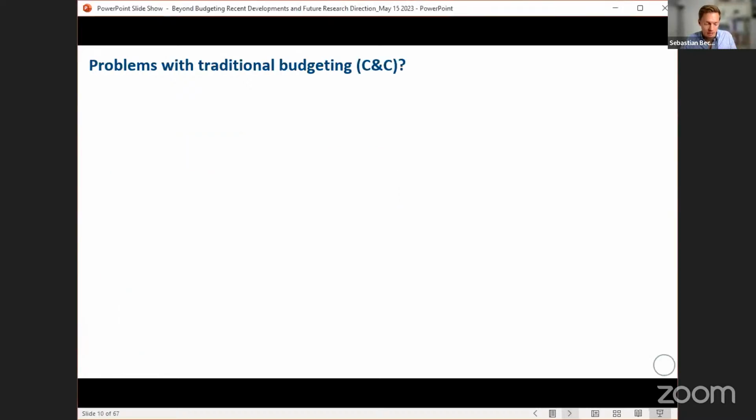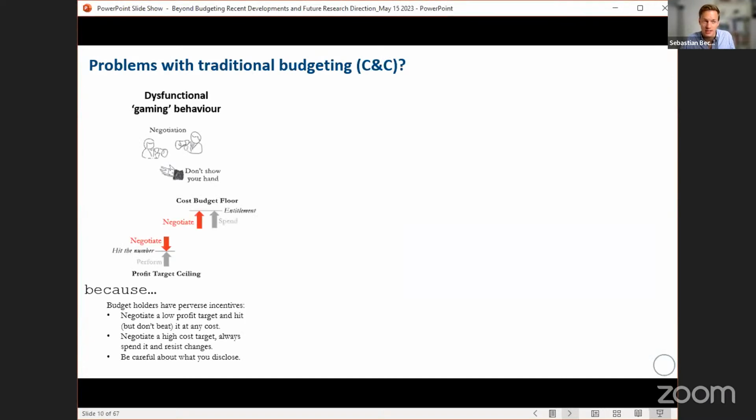Now, I already mentioned a few of the problems of traditional budgeting, and maybe just to show that again. So what's the problem? I've already mentioned this. One is that we have a lot of gaming behavior, right? So let's say your boss says, okay, now it's budgeting time again. Can you please tell me what you believe is a realistic revenue number if you're a sales manager?